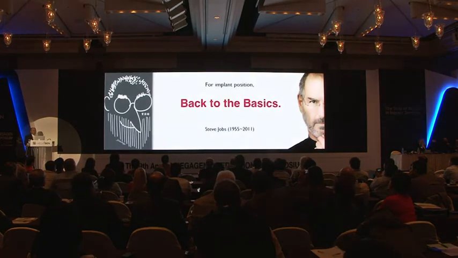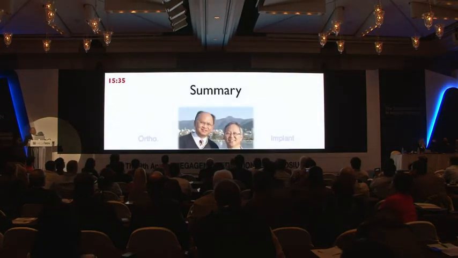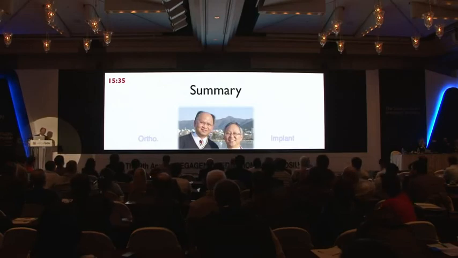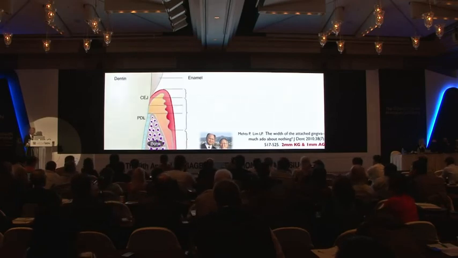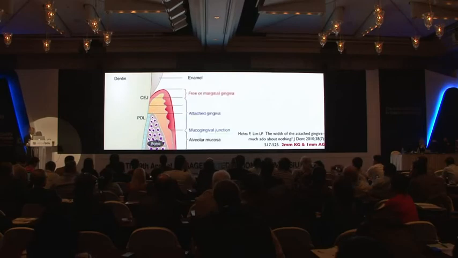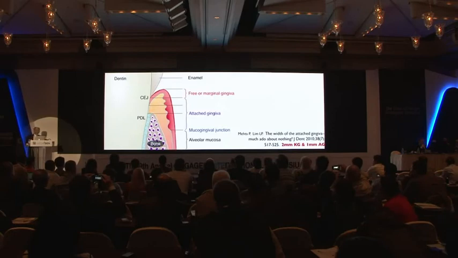So let's go back to the basics. If I want to summarize the mechanics and the philosophy I use in this case: when we have a natural tooth and look from outside in, you probably appreciate that we have mucosa, junctional epithelium, attached gingiva, and free gingival margin.